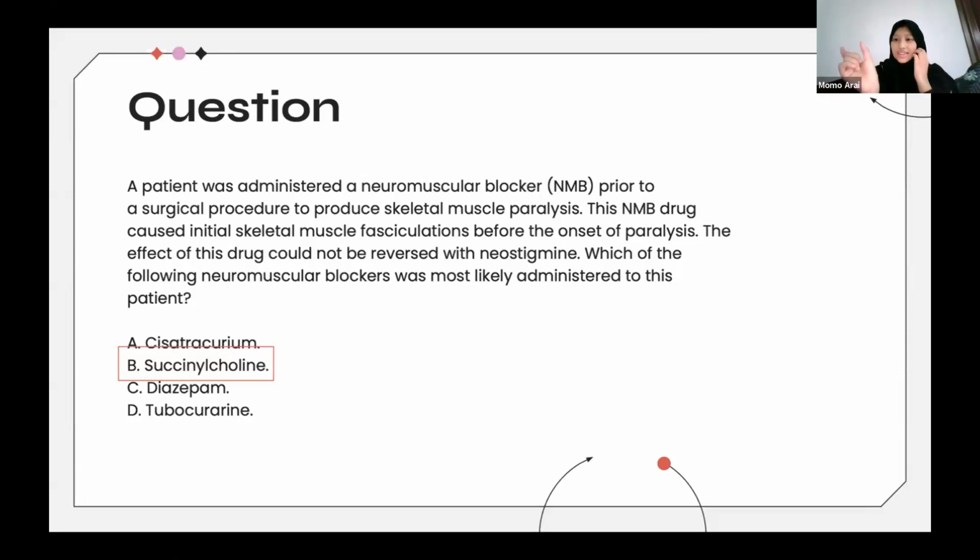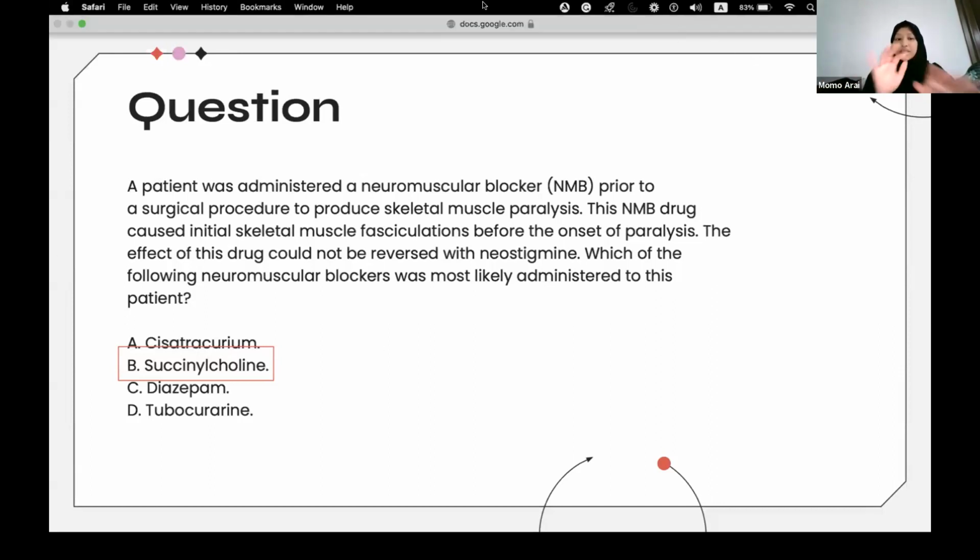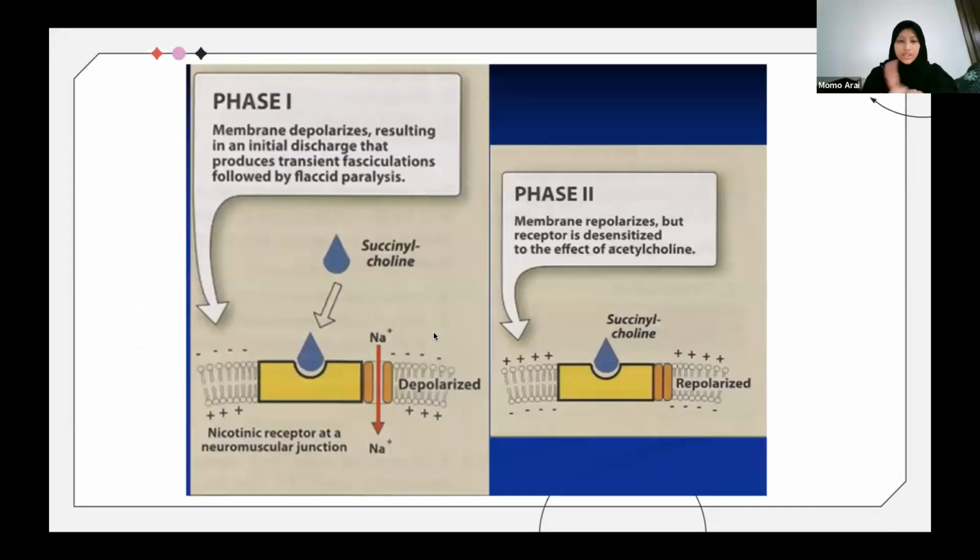Cisatracurium, everything with the ending like curium, and even vecuronium, are non-depolarizing neuromuscular blockers. That means they don't present with fasciculations. If you go to the next slide, I got a picture here. This is a result of using succinylcholine, which is a depolarizing neuromuscular blocker.